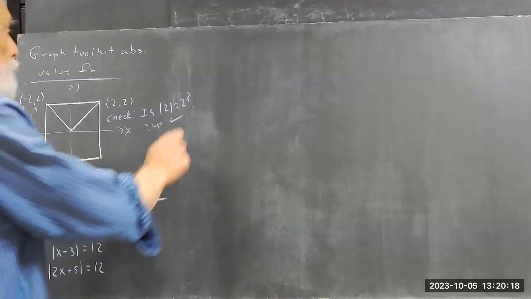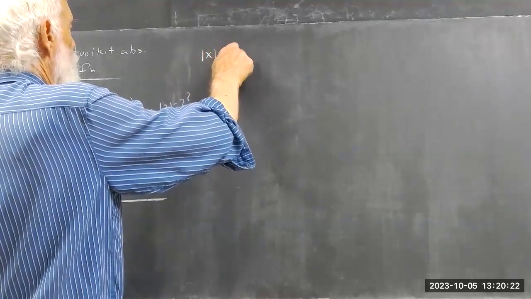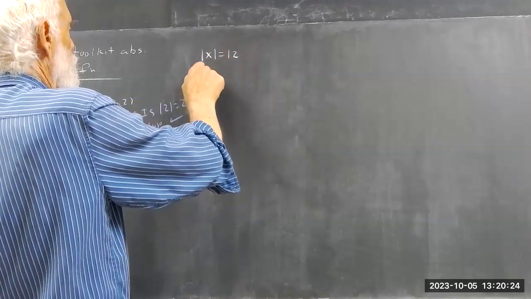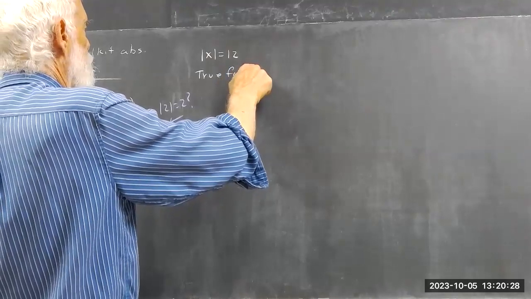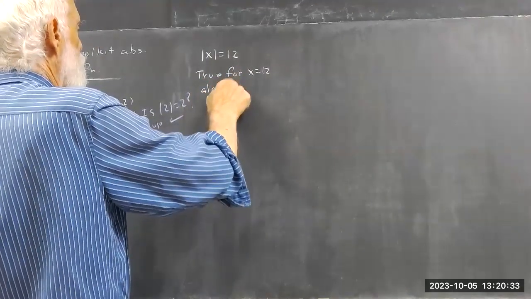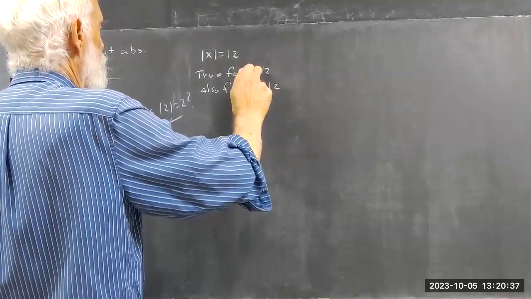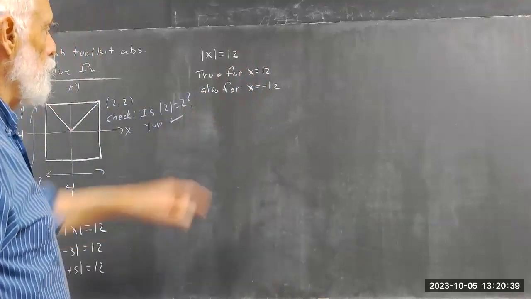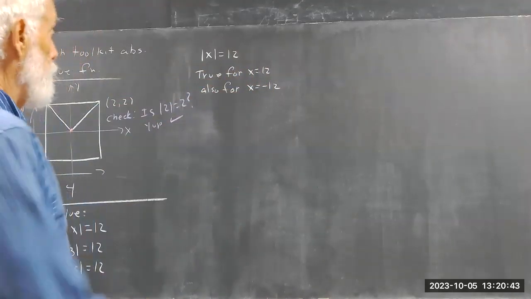Absolute value of x equals 12. True for x equals 12, also for x equals negative 12.